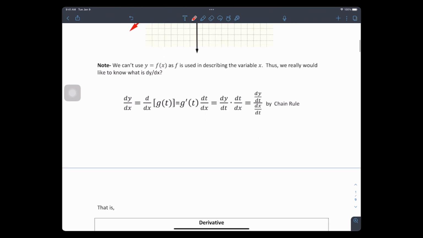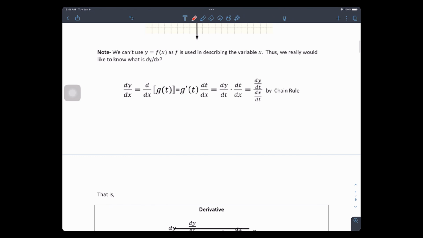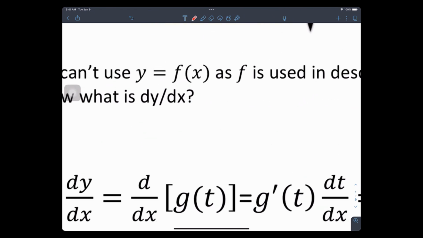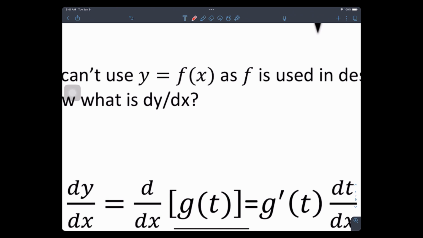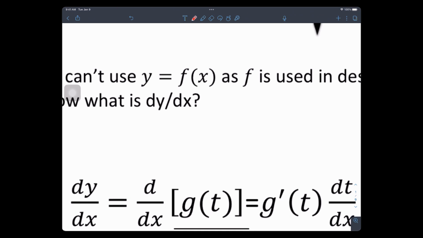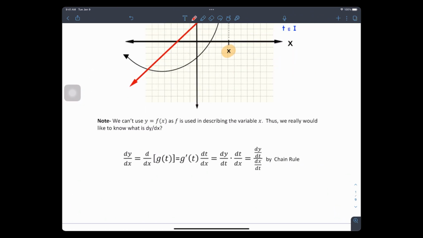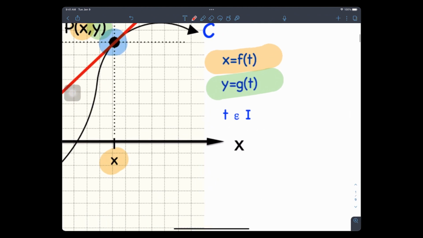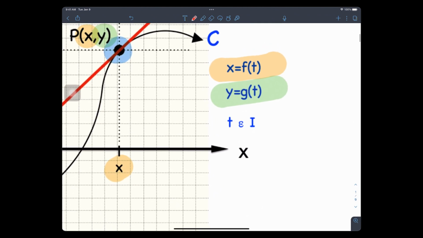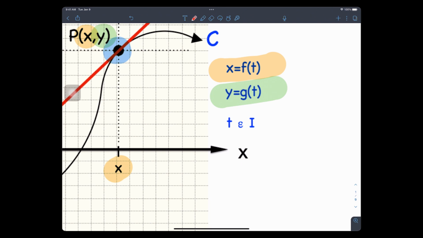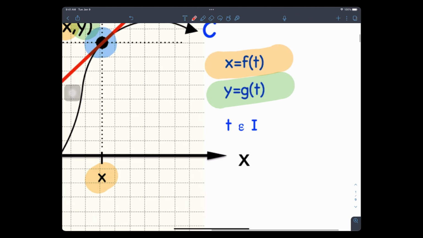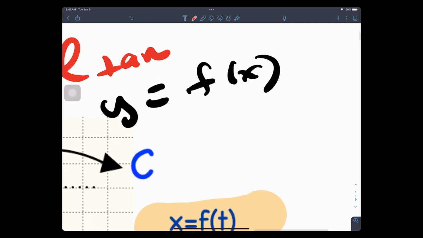All right. But remember, we cannot use y equals f of x anymore, although that's there. We're using, and I apologize, it's a notation thing. It really frustrates me. You see how we have x equals f of t? That's just saying function. It's not the same f. So this f here is not the same as this f here.